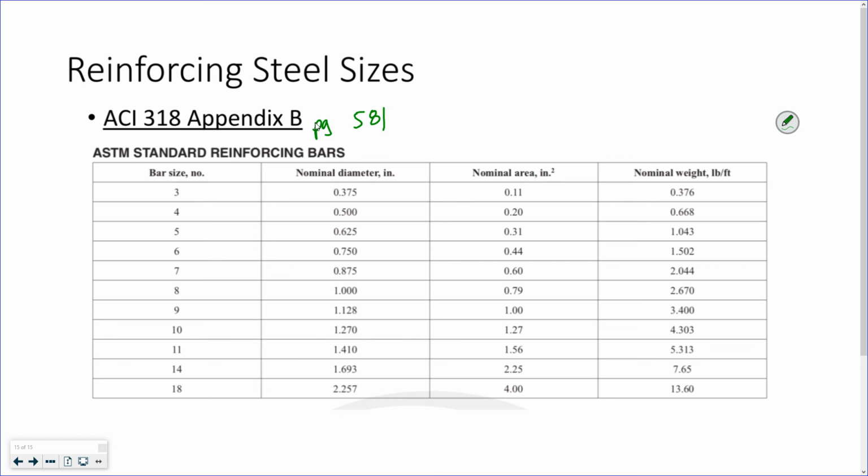The nominal diameter, up to a number 8, is the bar size divided by 8 in inches.